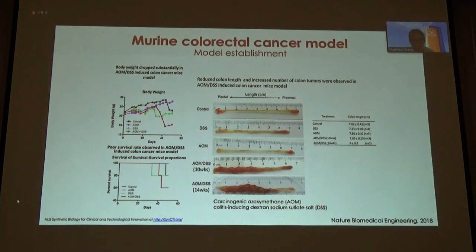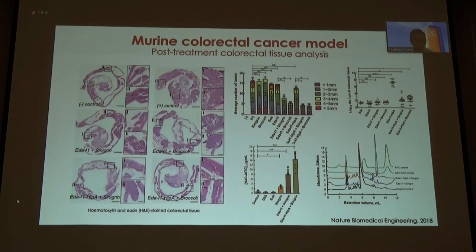Afterwards, we wanted to also validate in vivo efficacy against colon cancer. We used colon cancer in animal models, and to make a long story short, on a weekly basis, we introduced our microbes into the mice that had colon cancer.